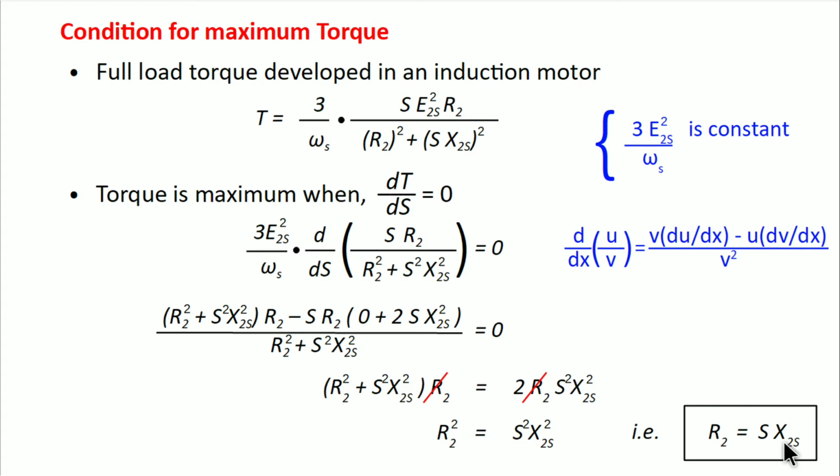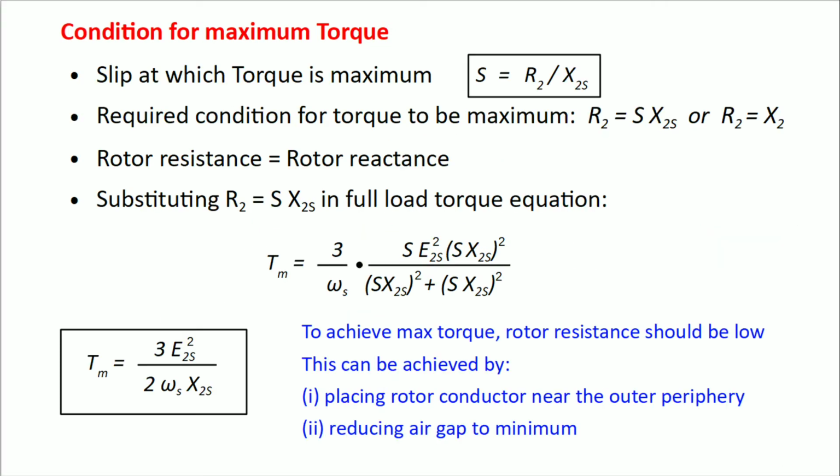So if these two are equal, then the torque will be maximum. The condition for maximum torque is that rotor resistance should be equal to rotor reactance, and the slip at which torque is maximum, R2 is equal to S X2S, so S is equal to R2 over X2S. The slip at which torque is maximum will be R2 over X2S.